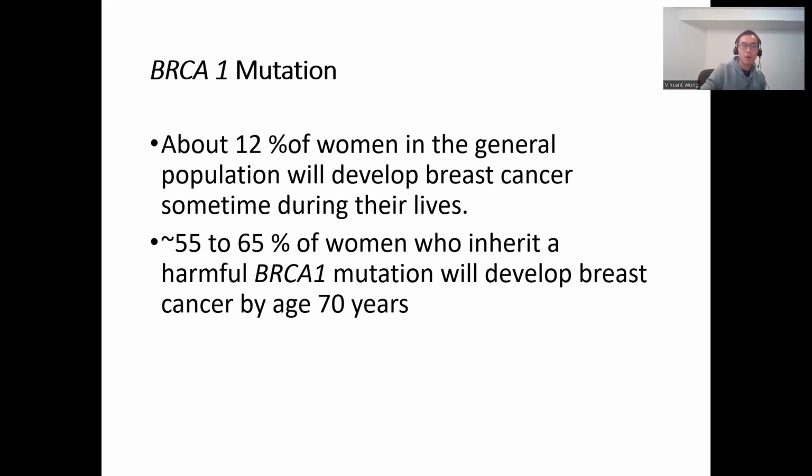However, for women who inherited one copy of the mutated BRCA1 gene, in other words, women who are born with one broken red light, their chance of getting breast cancer is as high as 55 to 65% by the age of 70. So much higher compared to only 12% in the general public, right?